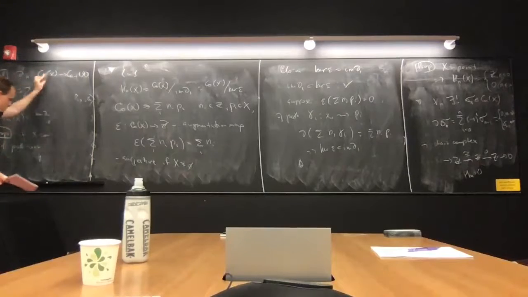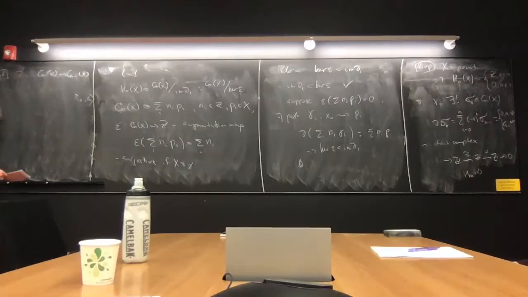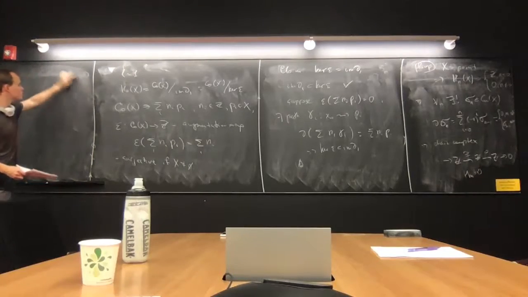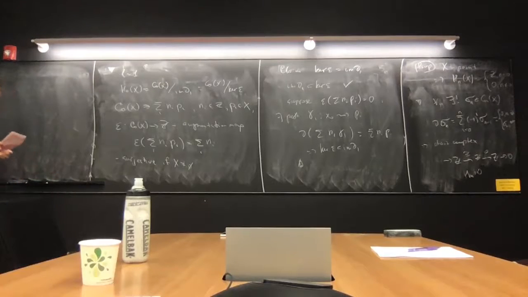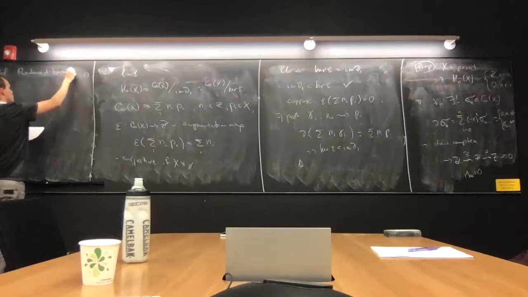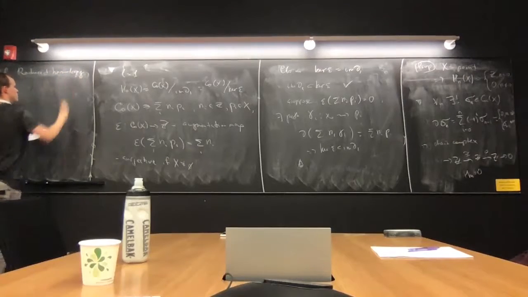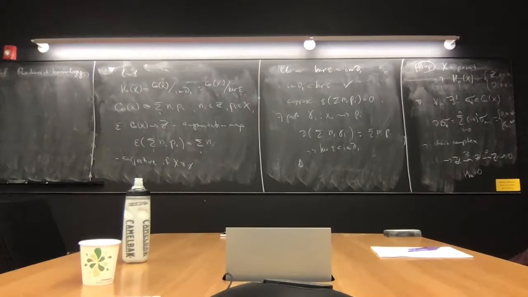Yeah, that's the next definition. So this is called reduced homology. Any homology theory that is entirely trivial for a point is called reduced. So here we can construct it this way.